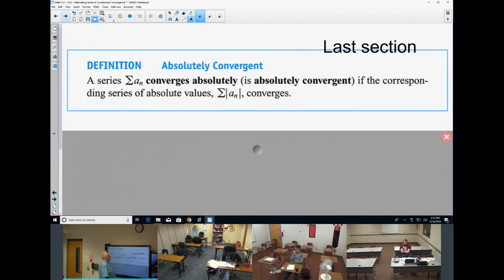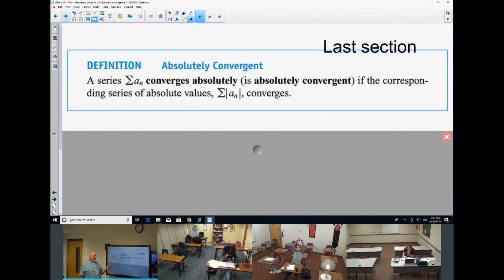All right. Next, in the last section, we talked about absolute convergence. Yesterday, we said that if the absolute values converge, then it converges absolutely.